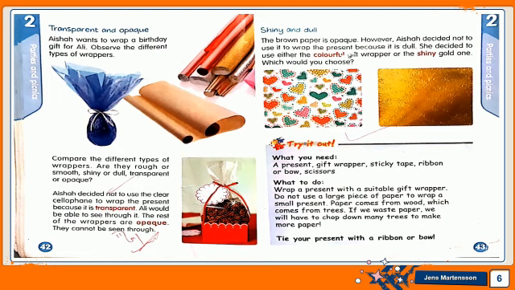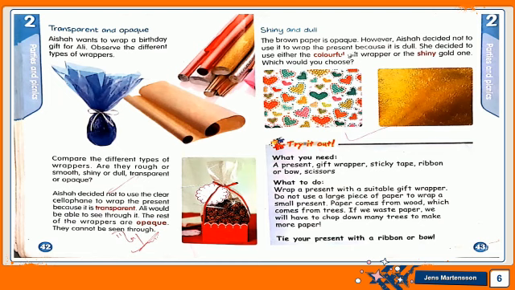Alicia decided not to use the clear cellophane to wrap the present because it is transparent. It means that if Alicia will wrap the present in the transparent wrapper, then it will be seen clearly and Ali would be able to see through it.